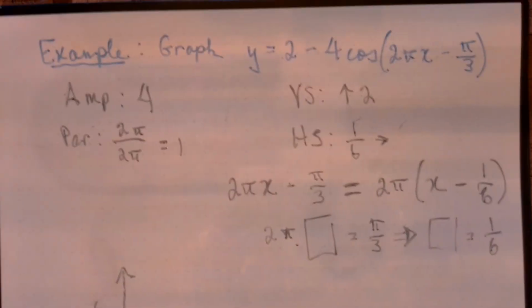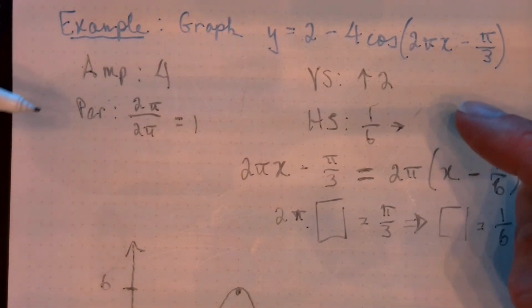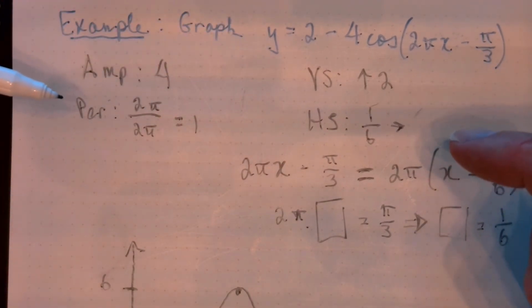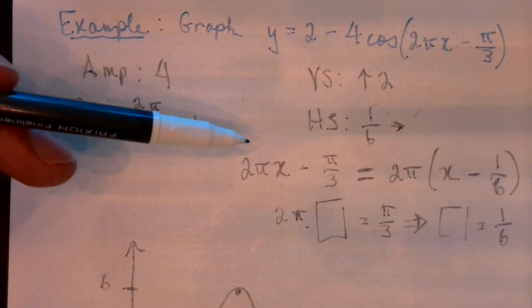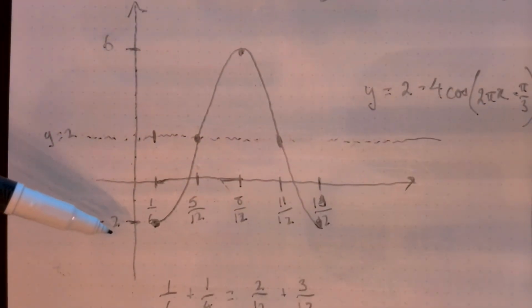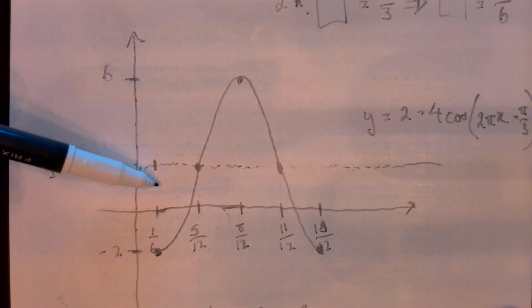Okay, so as before, I recommend you look at your formula, make yourself a little table here with all the key information. Write down the amplitude, period, vertical shift, and horizontal shift. Once you have that, then you're ready to draw your picture of the graph. This incorporates the vertical shift, which is where we're starting our cycle.